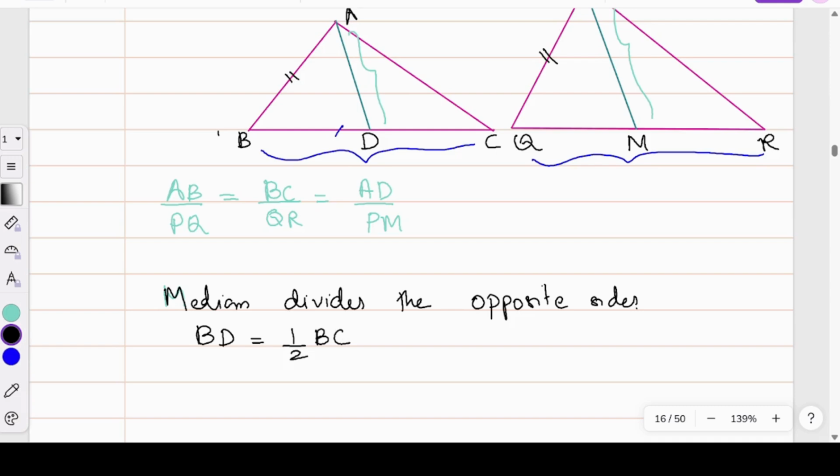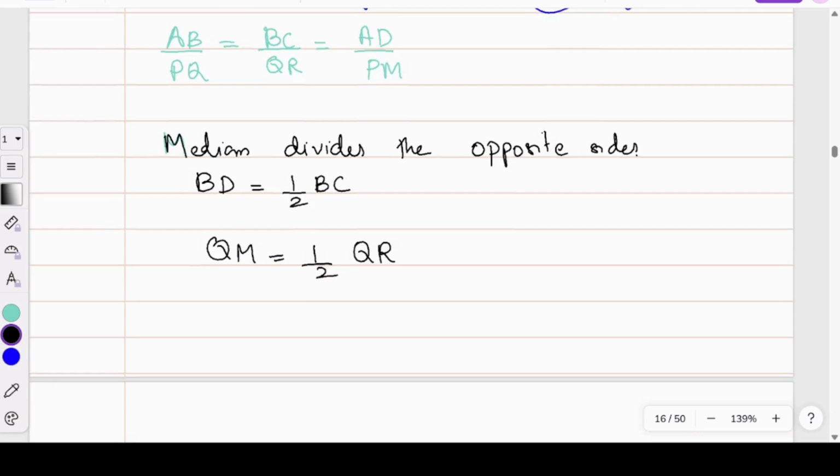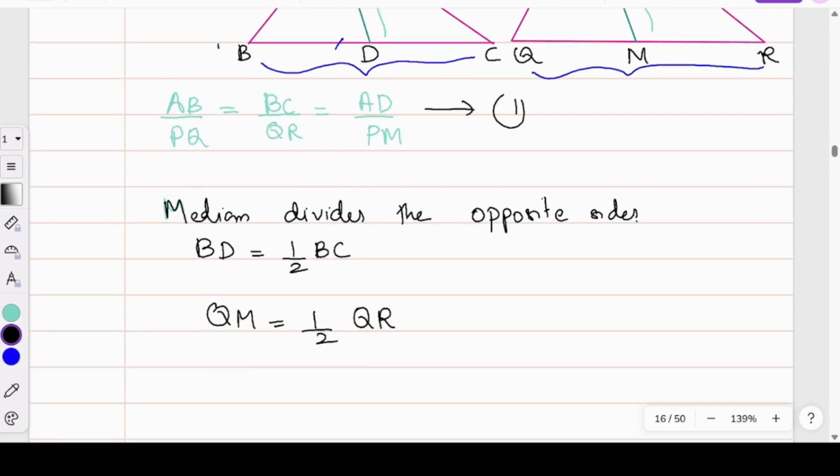Similarly, QM equals half of QR. When we divide QR into two parts, we get QM and MR. When we divide BC into two equal parts, we get BD and DC. So this is equation number 1.